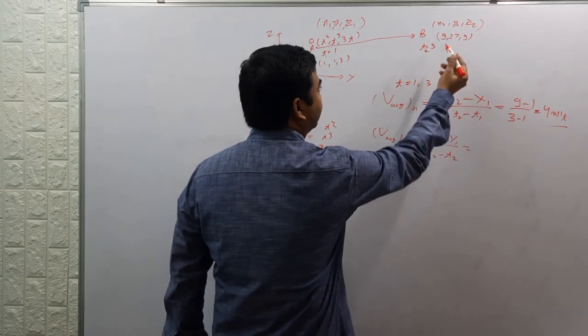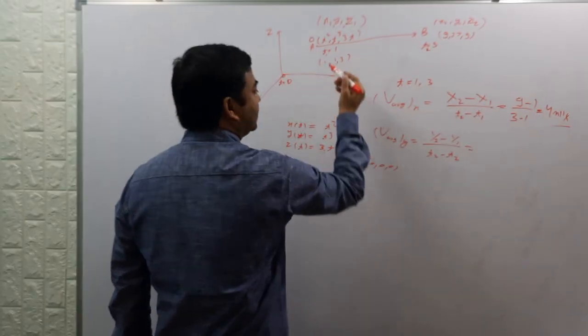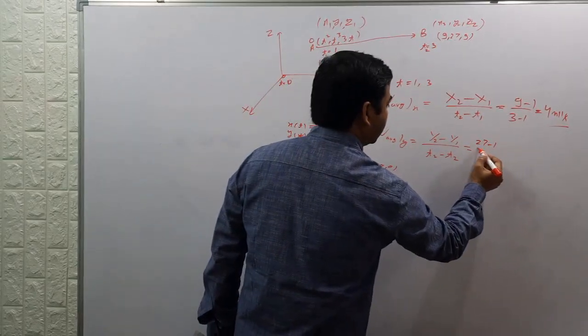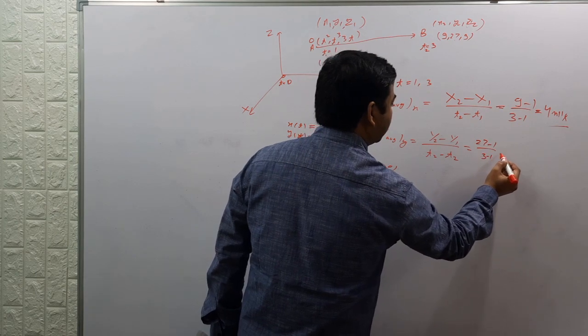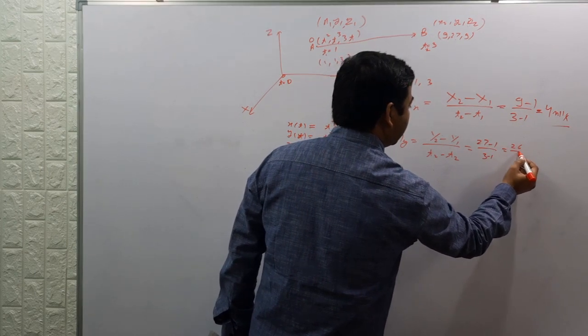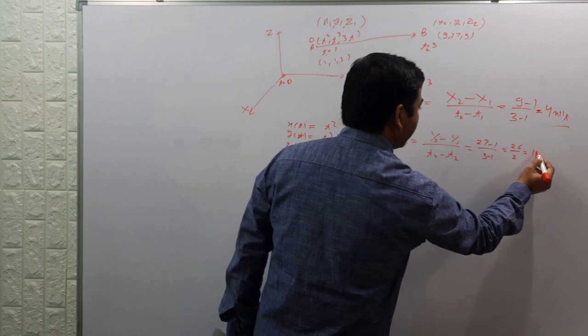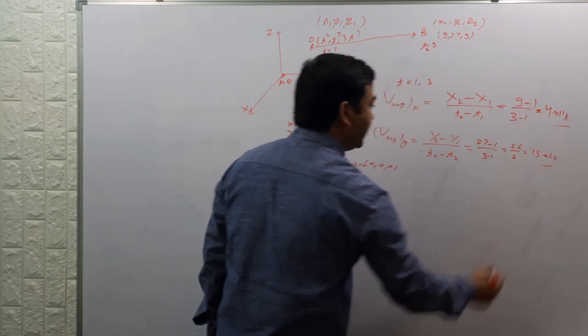So y2 minus y1, that is 27 minus 1, by 3 minus 1, is equal to 26 by 2, is equal to 13 meter per second. That is the average velocity.